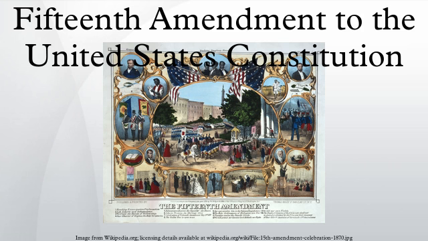Secretary of State Hamilton Fish certified the amendment on March 30, 1870. New York, despite rescinding its ratification, was included as a ratifying state, as were Nebraska, February 17, 1870, and Texas, February 18, 1870.